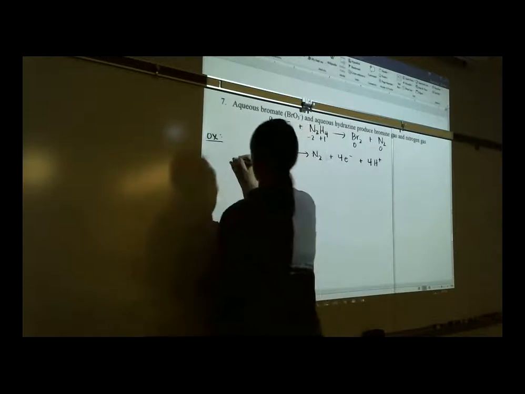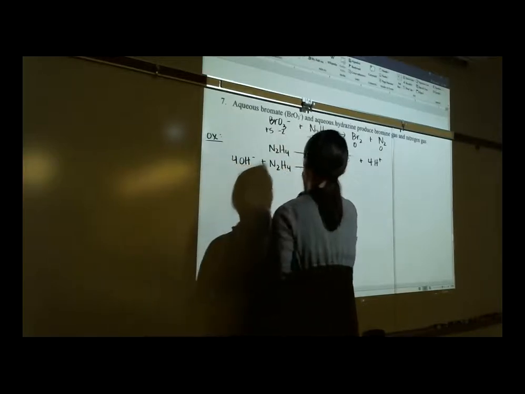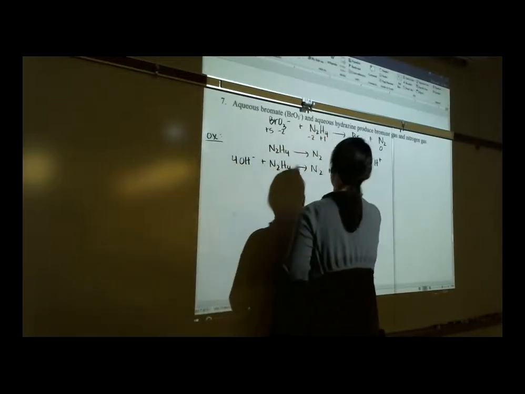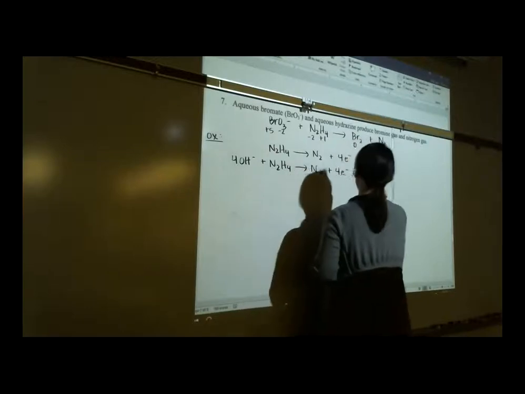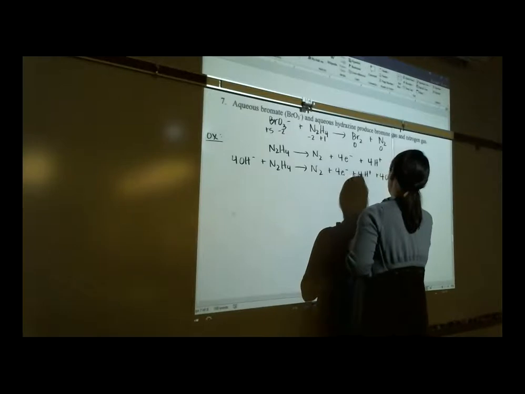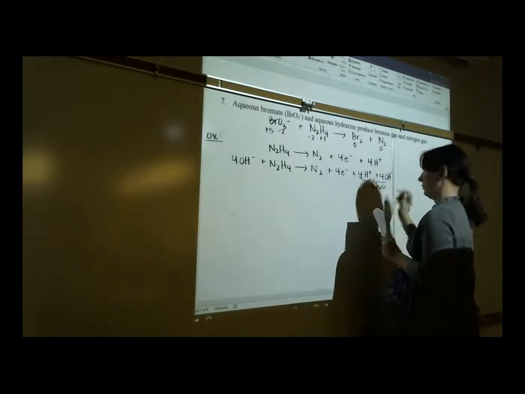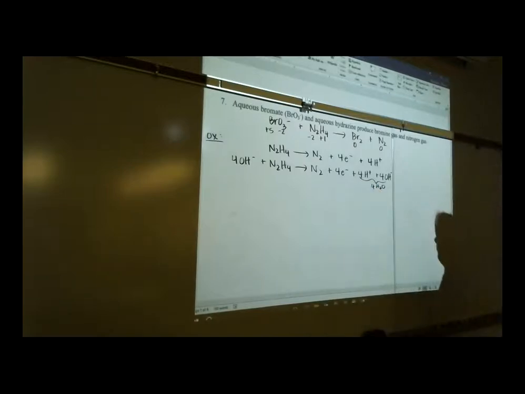So that means we've got 4 OH minus being added to each side. And then we combine this as 4 H2O. Okay, so there's the oxidation side.